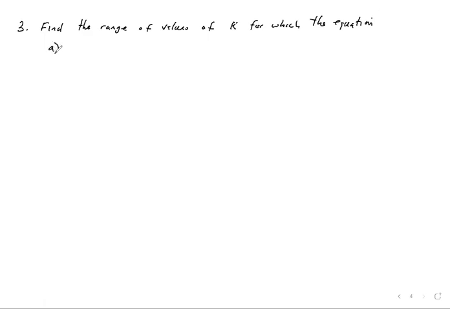3x squared minus 9x plus k will have its vertex on the x-axis.